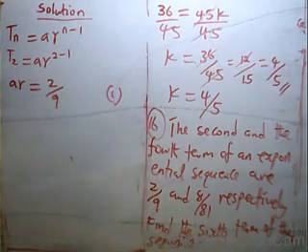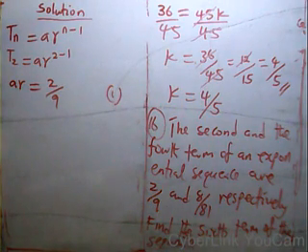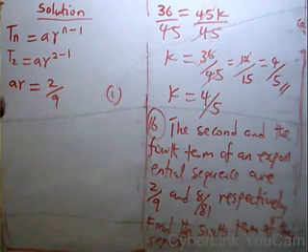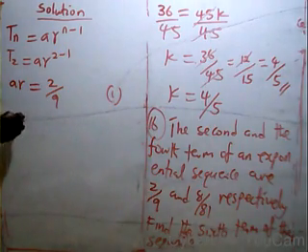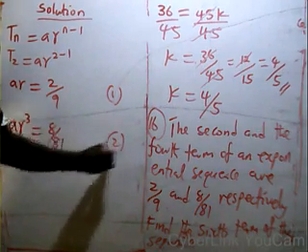So, in order not to waste our time, the first term is A, of course. The second term is AR. The third term will be AR squared. And the fourth term will be AR raised to power 3. So that means that AR cubed is equal to 8 all over 81. This is equation 2.